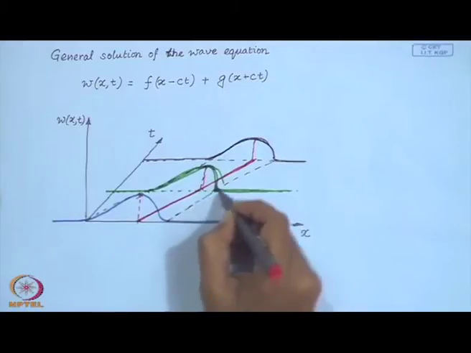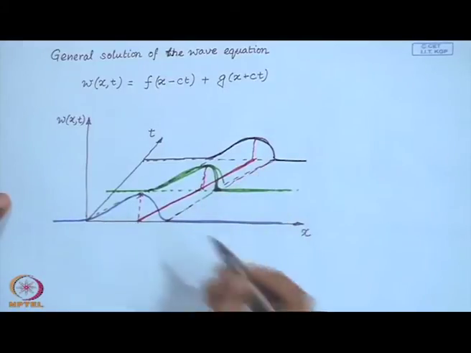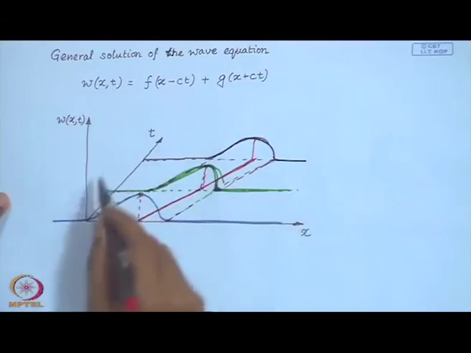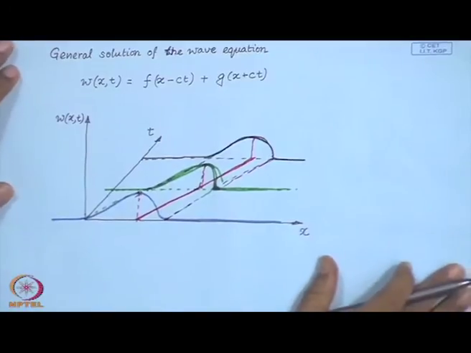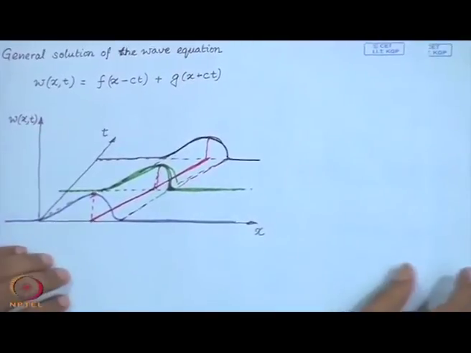Similarly, this is the line on which the boundary of this pulse is travelling. So, we can draw what is known as a space time diagram.